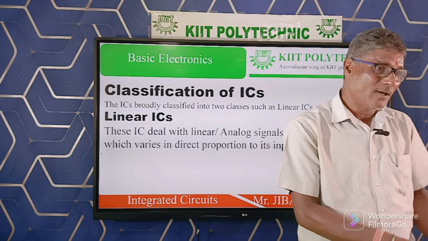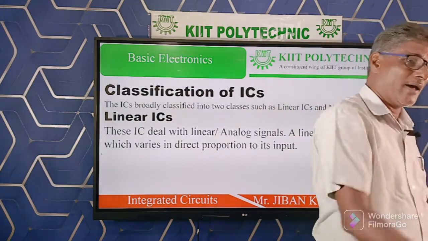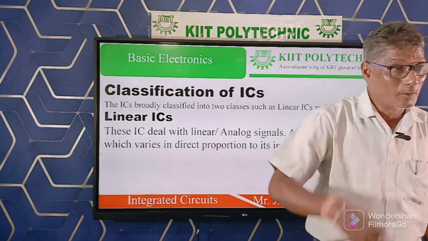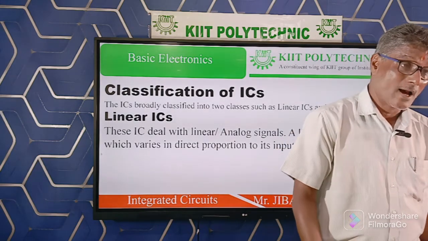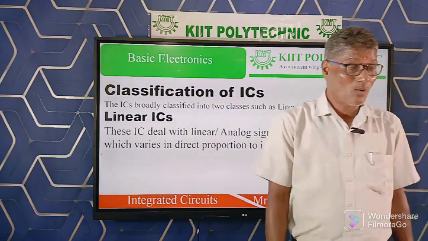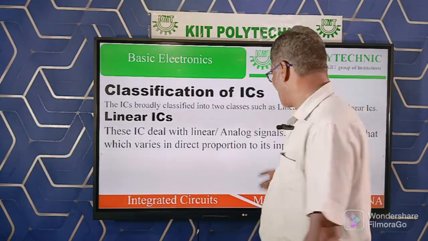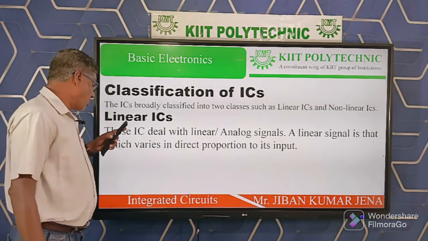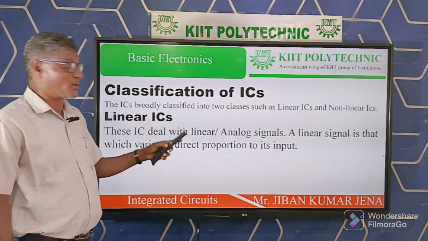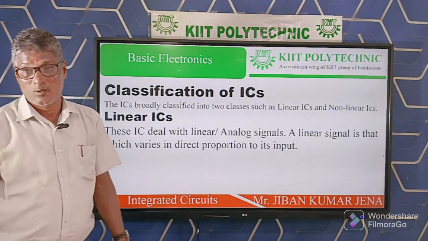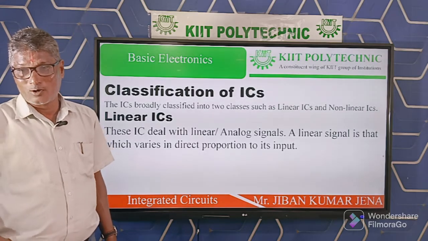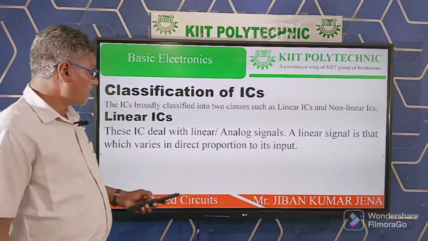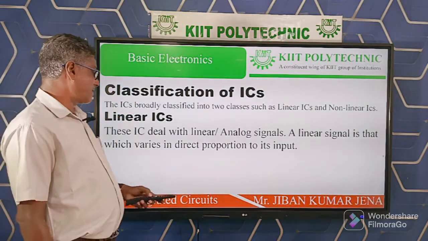If the input is high, then the output will be high. And vice versa: if the input is less, the output will be less. Okay, my student? That is why a linear signal is said to be one which varies in direct proportion to its input. Any doubt? No? Okay.